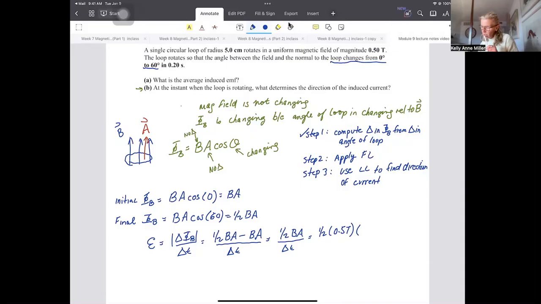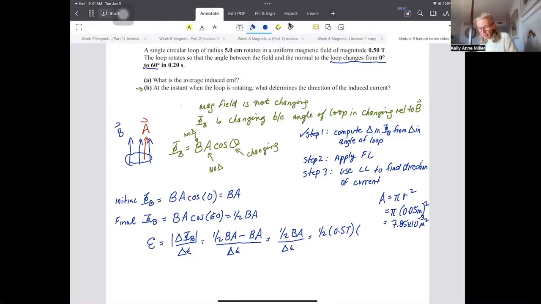Excuse me, let me write the area up here. The area is pi r squared, since it's a circular loop. So it's pi times 0.05 meters squared, which is equal to 7.85 times 10 to the negative 3 meters squared.